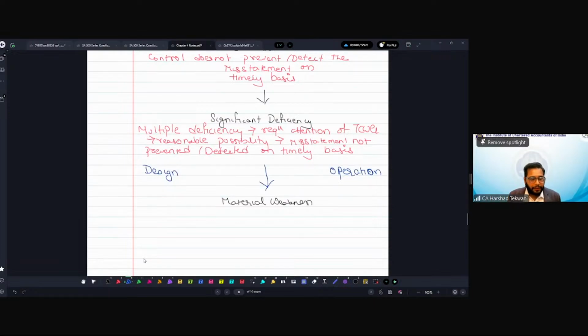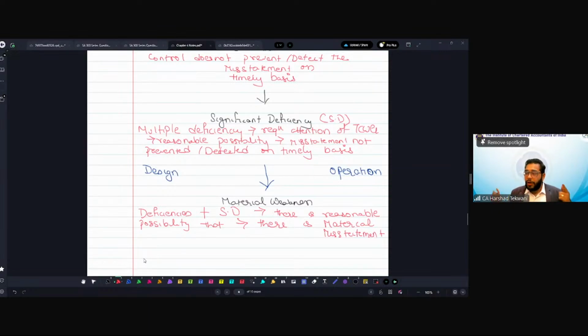A material weakness comes into the picture when deficiencies plus significant deficiencies in combination are of such a nature that there is a reasonable possibility that there is a material misstatement which is not detected or prevented on a timely basis.